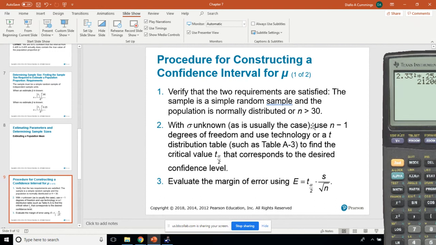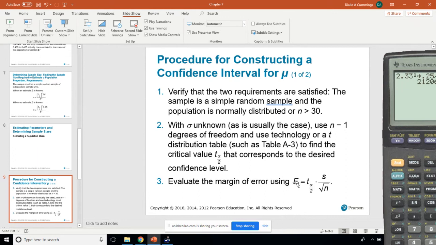Normally we don't know the standard deviation, so we have to use a t-distribution, and a t-distribution comes with degrees of freedom. We use n minus 1 degrees of freedom when we calculate a t-statistic. Once we calculate it, we can find the margin of error.